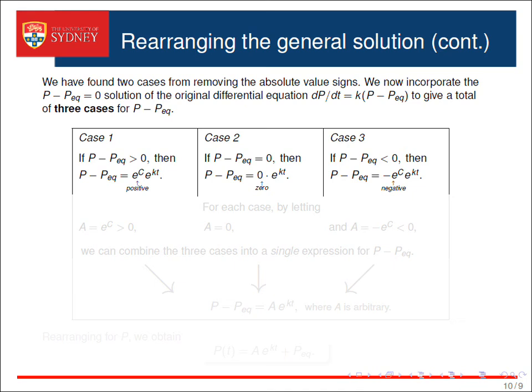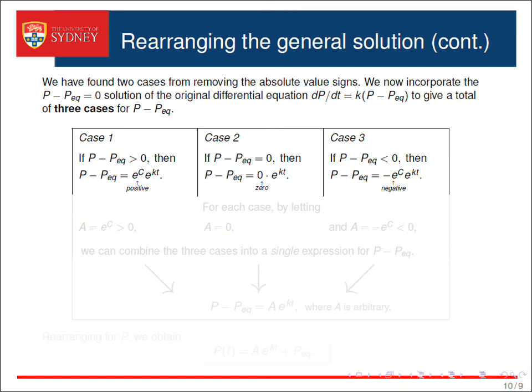Case 1. If P minus P eq is positive, we found that P minus P eq is equal to e to the c times e to the kt. Even though c can be positive, 0 or negative, e to the c will always be positive. Case 2 is the solution P minus P eq is equal to 0.